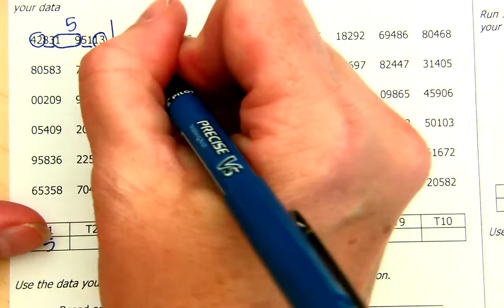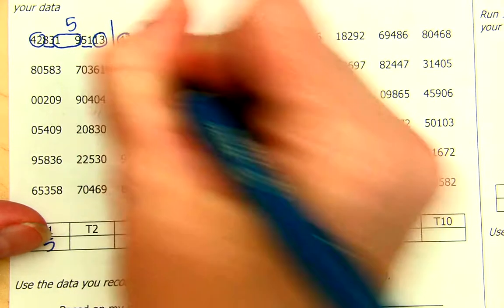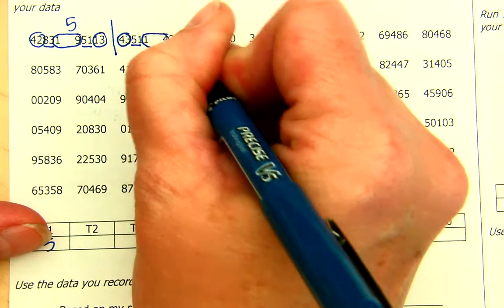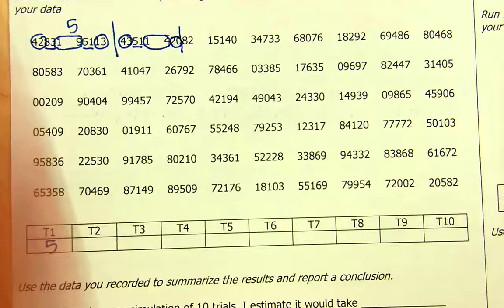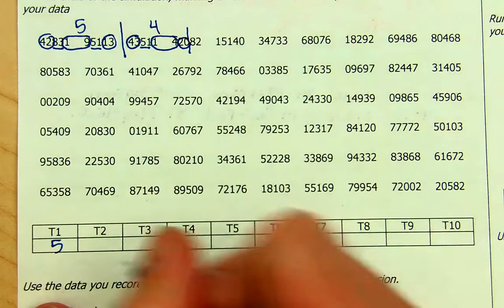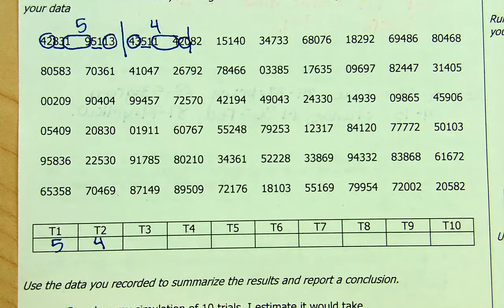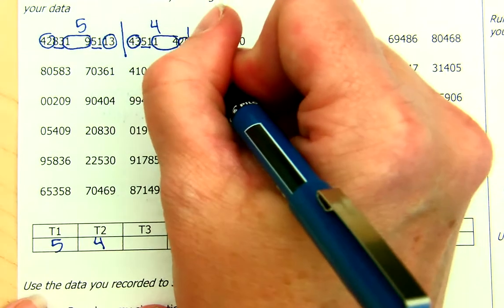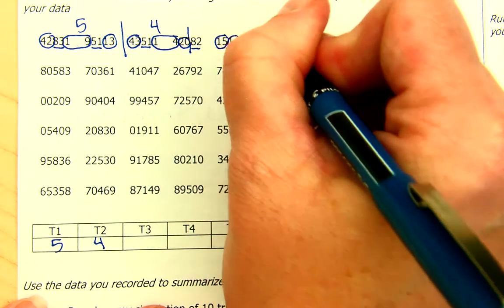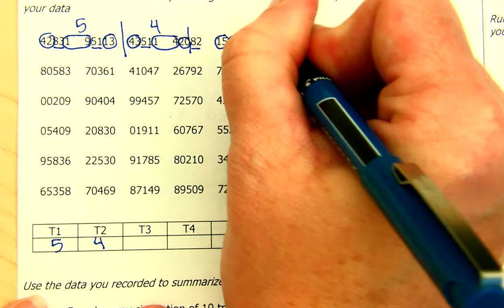So for trial 2, I have 43. That one barely made it. 51, and 14, and 20. So this time there were only 4. For trial 3, I have 82, and 15, 14, 3.